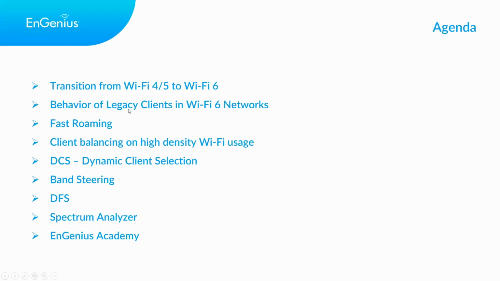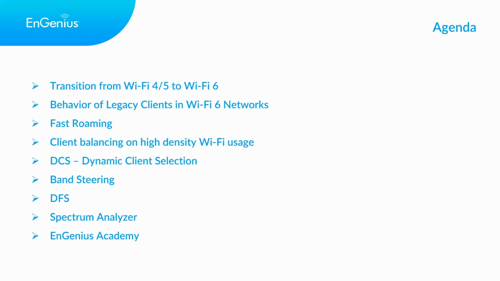For the topics I'll be covering, the commonly asked questions are: how do we transition from Wi-Fi 4, 5 to Wi-Fi 6? Are there any special requirements, any special things that you need to take note of? Behavior of legacy clients in Wi-Fi 6 networks, because nowadays a lot of people are starting to deploy Wi-Fi 6, and some client devices may not be compatible.